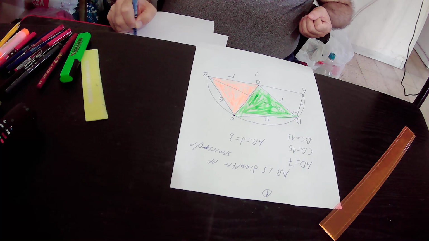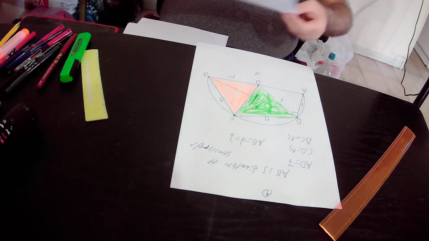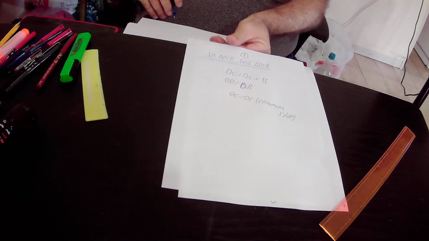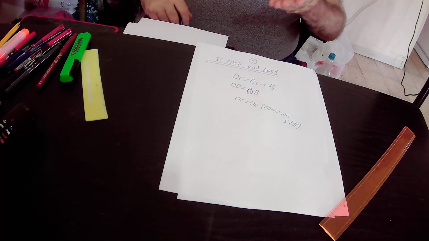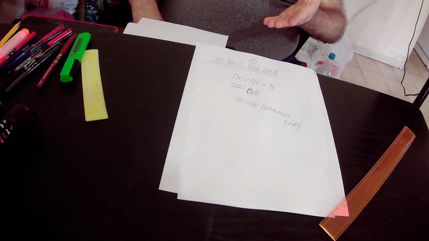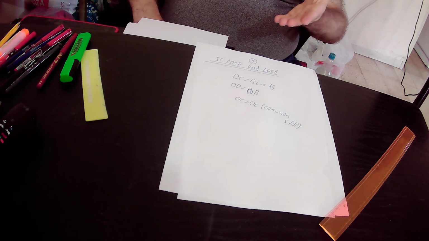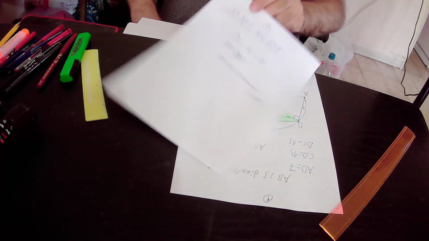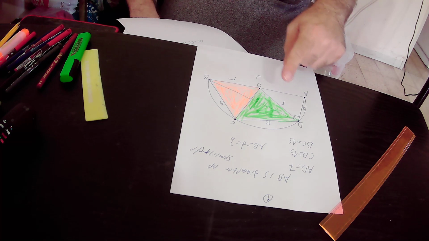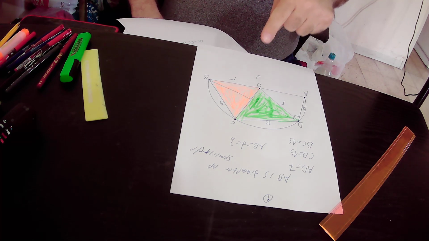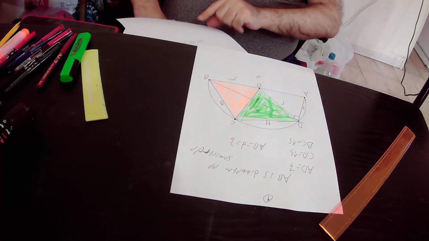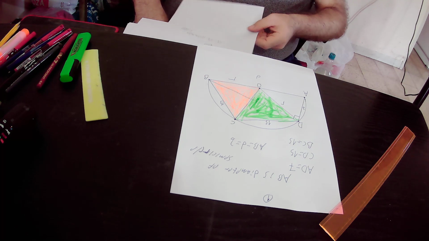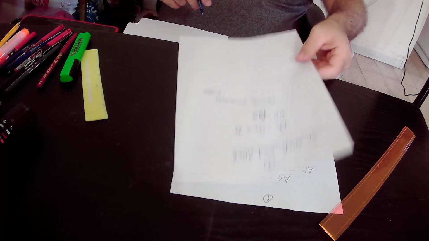So we actually found out that three sides of the green triangle are equal to three sides of the orange triangle. Therefore, the green triangle is congruent to the orange triangle according to the rule of side, side, side.